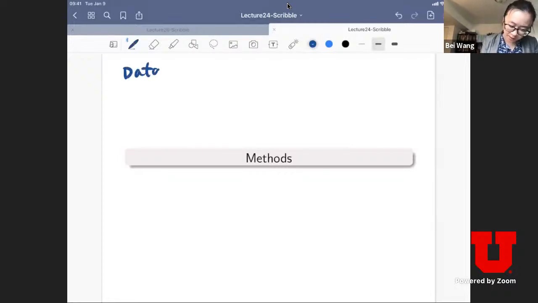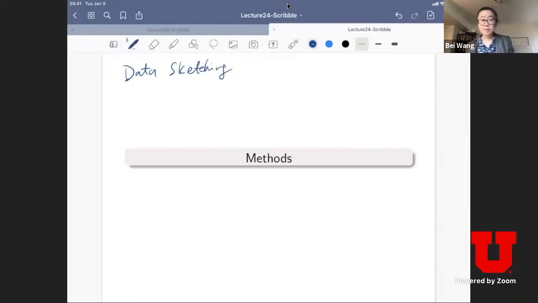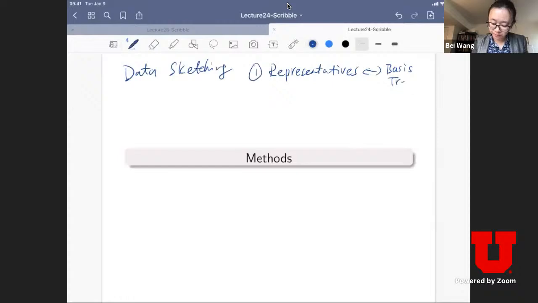If you're looking at the large-scale picture, at least for this particular application, we really have 3 goals. One is, can I find good representatives? Those are in some sense what we call the basis trees.